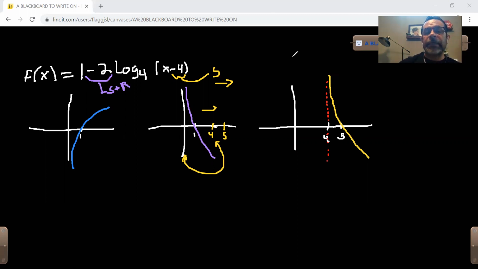And lastly, we've got a 1 here. And the 1 is going to be a shift. And since it's positive, it's going to be a shift up. And so that would be the next step.